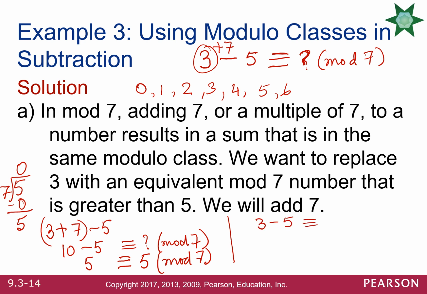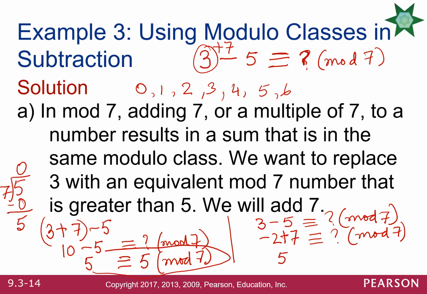This is another way of getting the same answer. 3 minus 5 is minus 2, correct? I'm going to write the same thing, I'm doing it step by step. So minus 2, if we add a multiple of 7 to the minus 2, we will end up with 5, which is the same as what we got here.